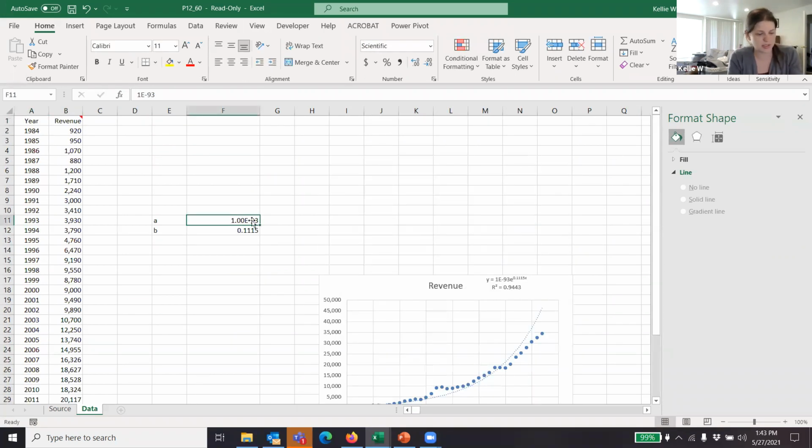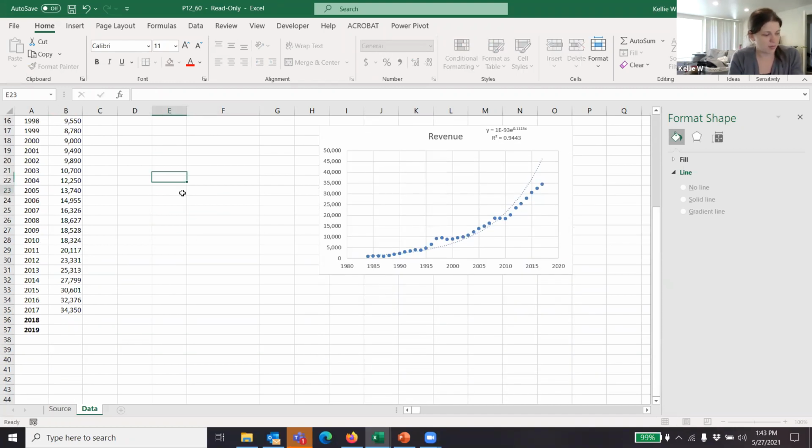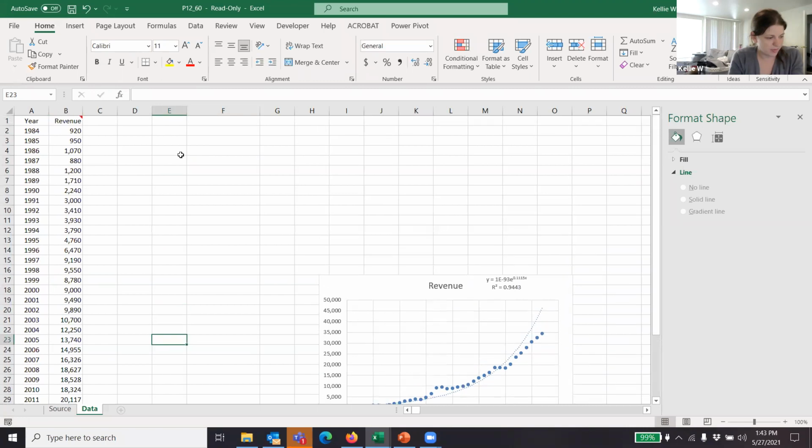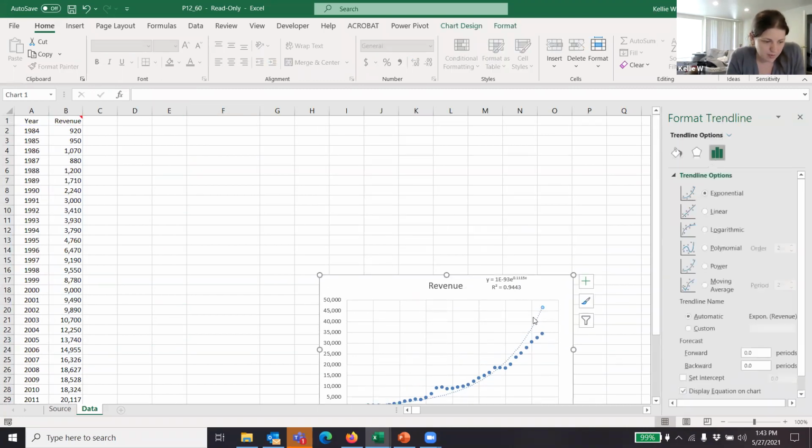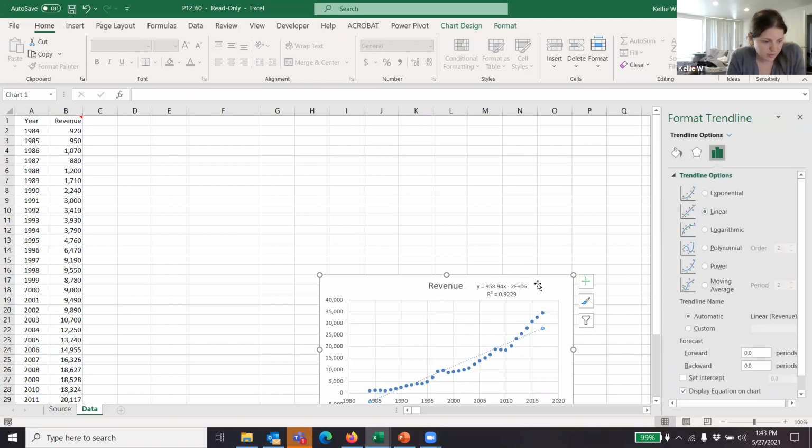So let's do it for the regression equation, just to keep things simple. Since I'm doing this right on the spot, I'm going to switch this over to linear.